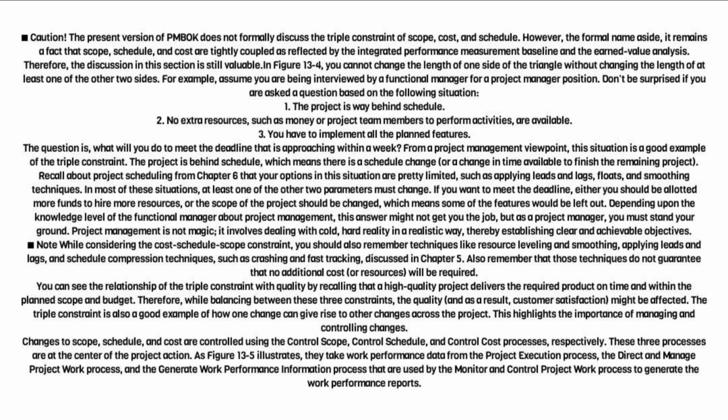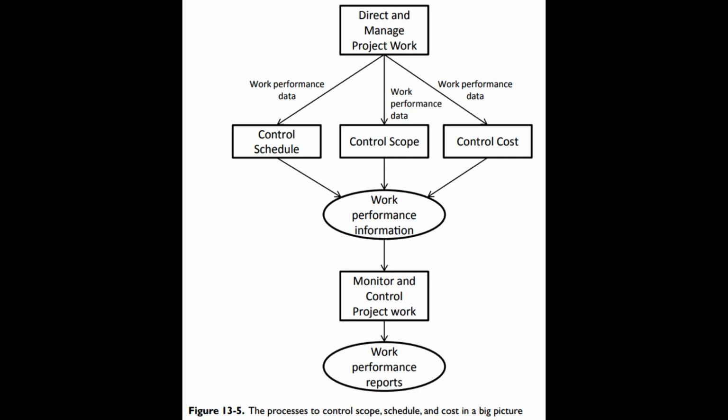These three processes are at the center of the project action. As Figure 13.5 illustrates, they take work performance data from the project execution process, the direct and manage project work process, and the generate work performance information process that are used by the monitor and control project work process to generate the work performance reports.